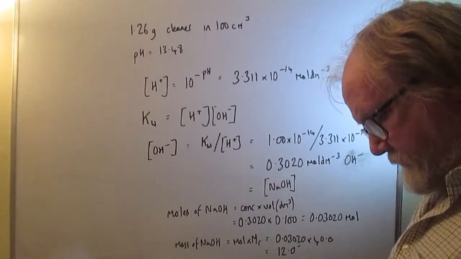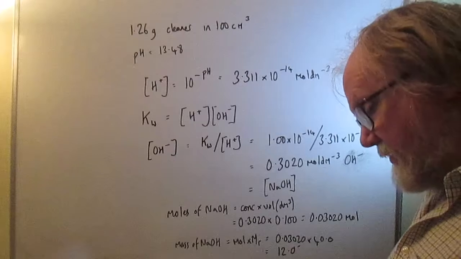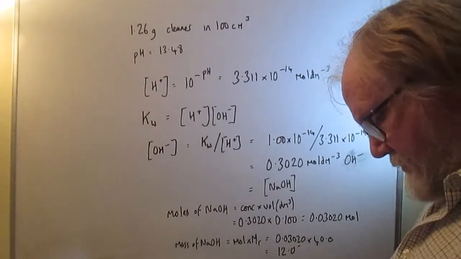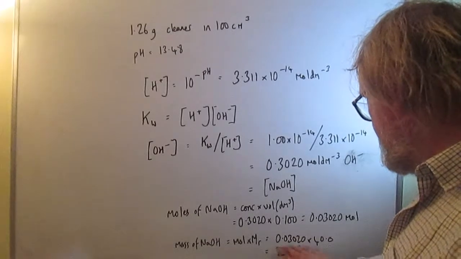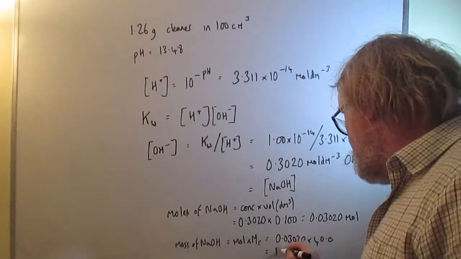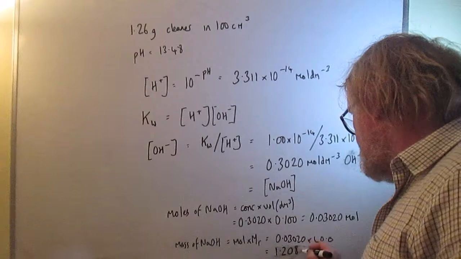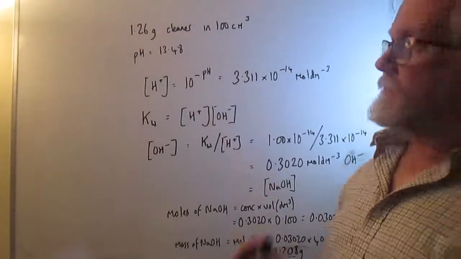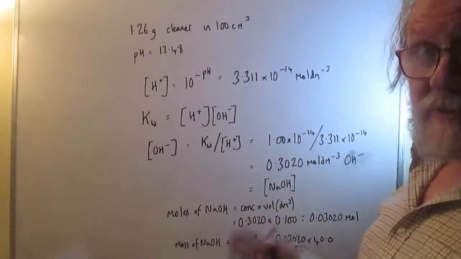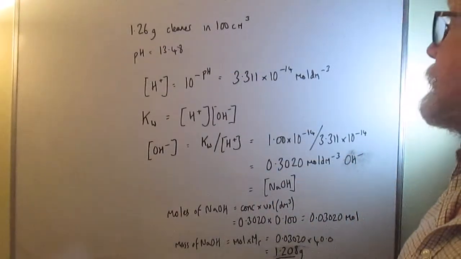Yeah, that's not right. 1.208, sorry, that looks more like it. 1.208 grams. Which, as we realised, must be smaller than 1.26. That's why I realised I'd made a mistake before.